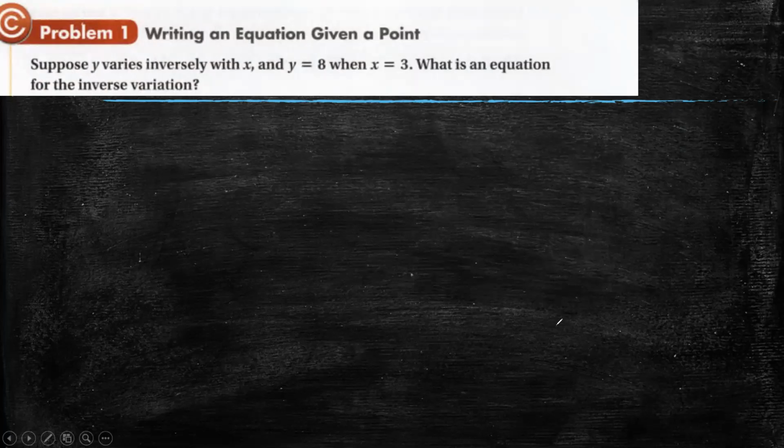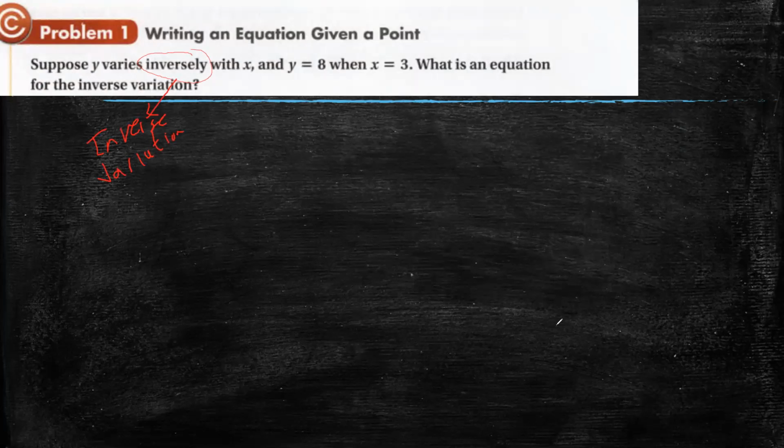Suppose y varies inversely with x. Look at this word here, inversely. That means I'm talking here about inverse variation, because they told me that they are inversely. So this is inverse variation.